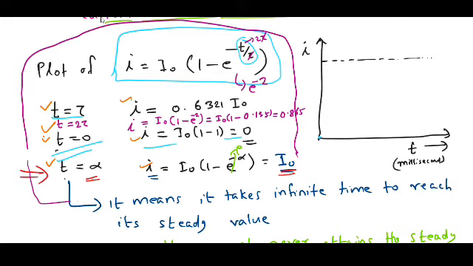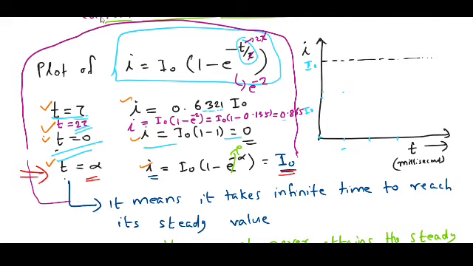When t is equal to tau, if I denote tau, 2 tau, 3 tau like this, then at time t equal to tau, this is 0.632 of the I0 value, around this point here. And when the time is 2 tau, this is 0.865 I0.